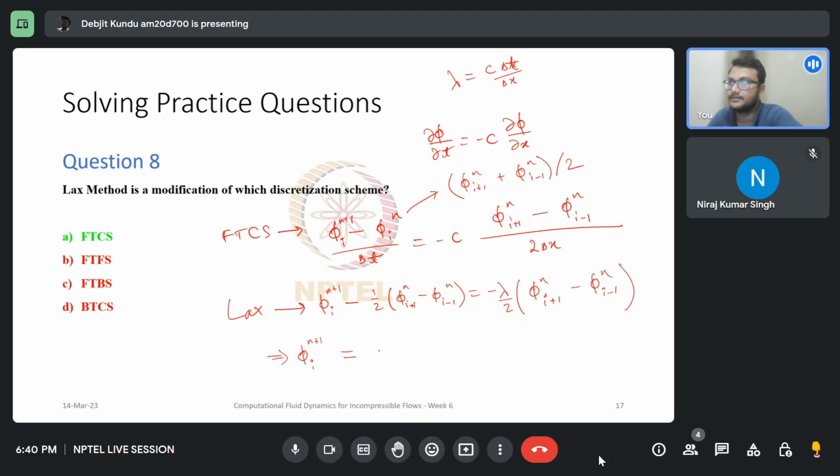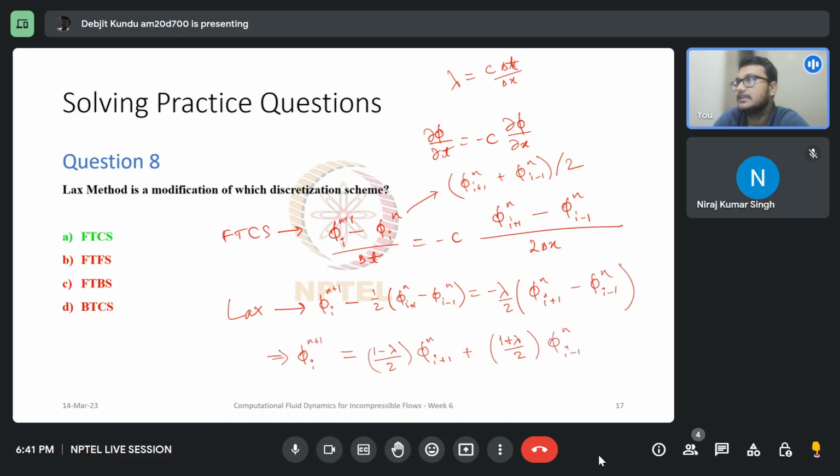For I plus 1, we will have half minus lambda by 2, so 1 minus lambda by 2 into phi I plus 1 at n, and that will be plus 1 plus lambda by 2 into phi I minus 1 n.